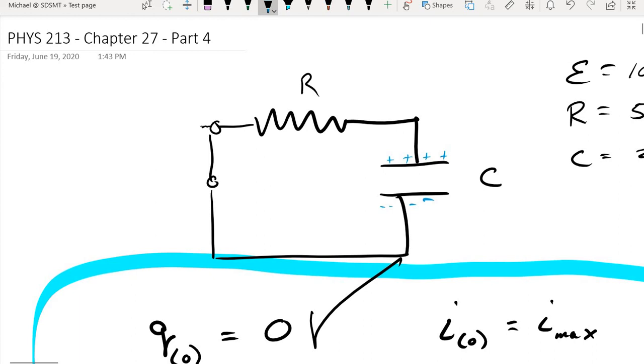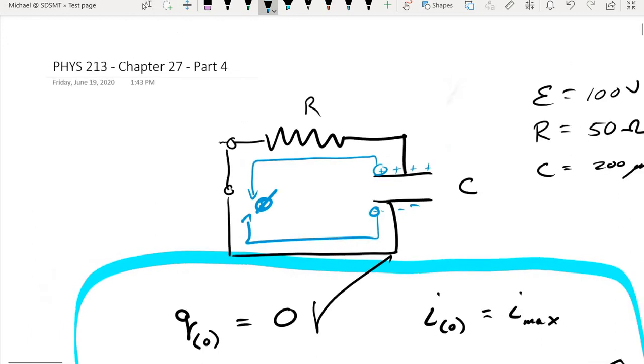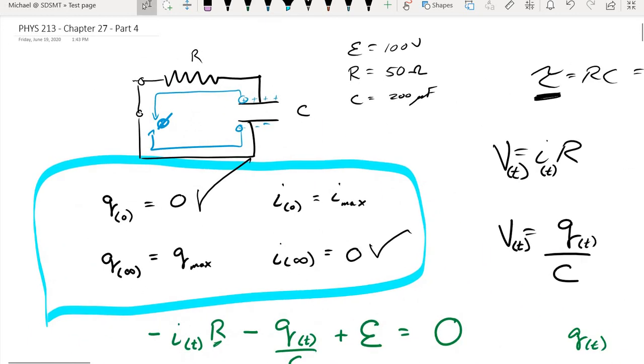But now that the switch has been flipped, there is a direct route in which positive charges and negative charges can come together and nullify. And so that's what's going to happen. We're not going to have this case scenario anymore. We're going to have a new circuit problem.